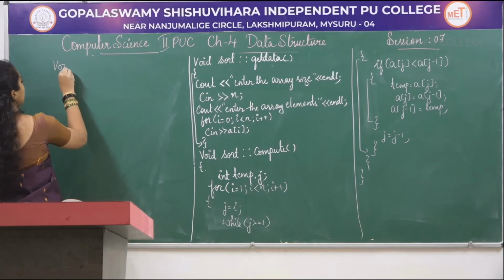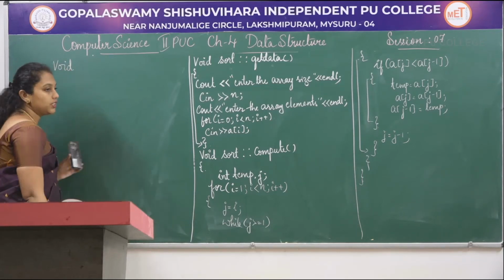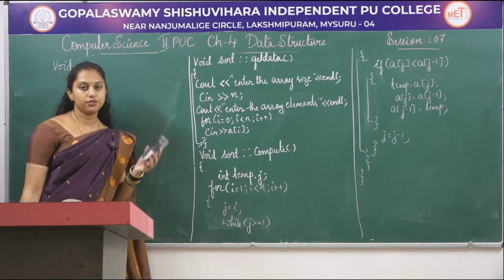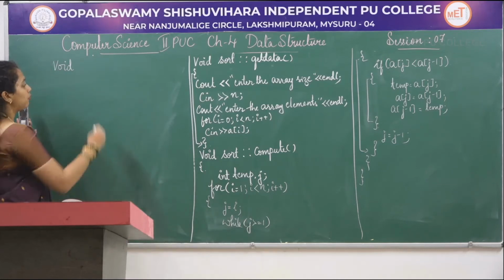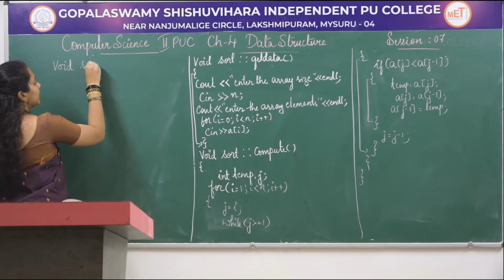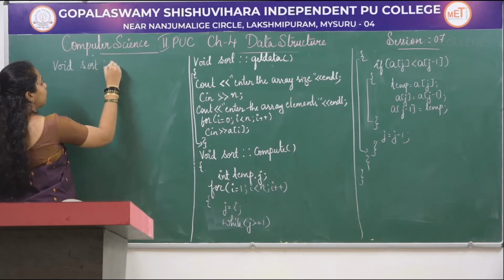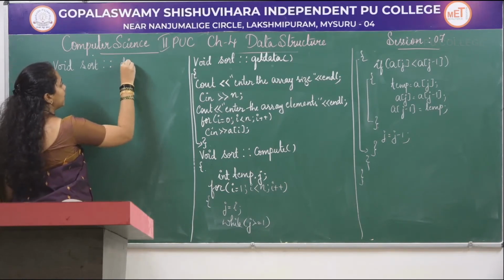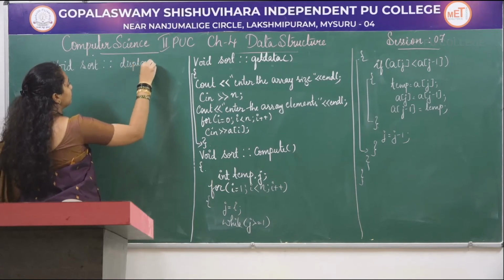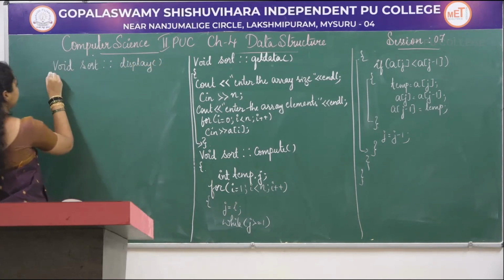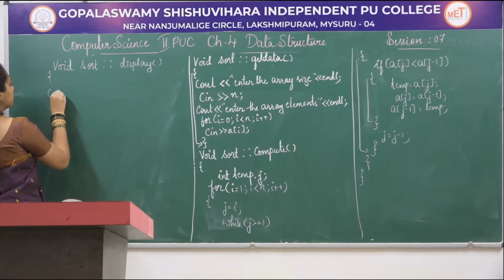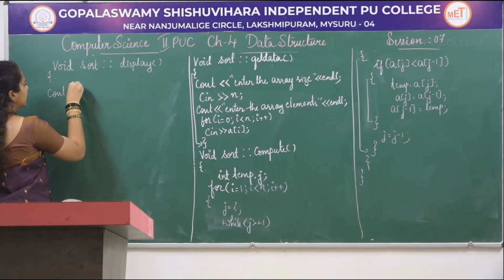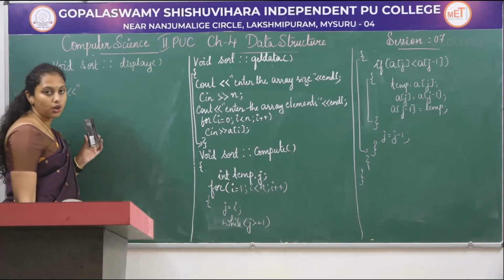As we are defining the function outside the class, first we have to write the return type followed by the class name, the scope resolution operator, then the function name. We have to print the array elements after sorting.